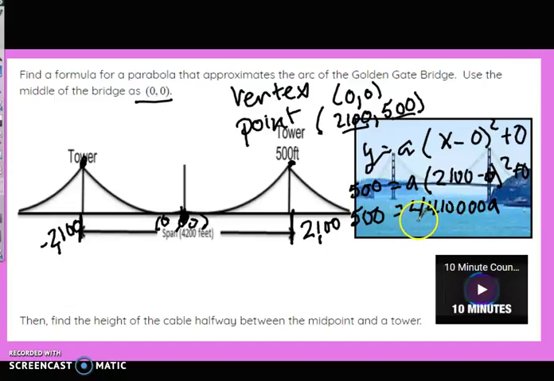Now what are we doing? 4,410,000 A equals 500. Divide by 4,410,000. Okay, don't put that in your calculator yet, because it's going to give you a decimal. And I want us to think through this real quick. 4,410,000. Okay, what can we do first? 2 zeros. Yeah, we'll divide top and bottom by 100, take those 2 zeros off.